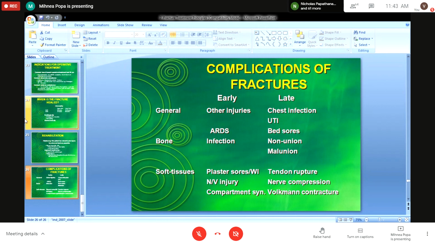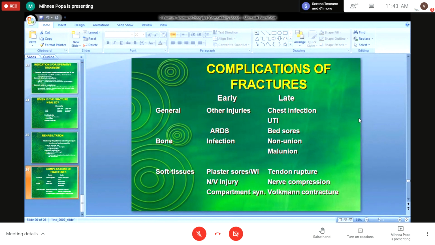General early: anything can come through a fracture, a thrombus, a lesion of the vascular system, the soft tissue, anything that is in that region, or different types of infections, chest infections or urinary tract infections. Bones: early infection or malposition, late non-union, malunion.